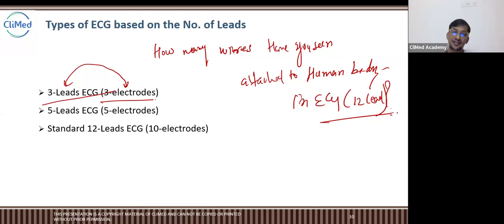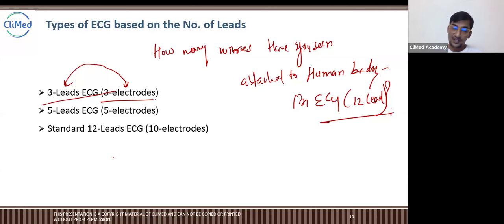How many wires have you seen attached to the human body in 12 lead ECG? Guys, tell me. 10, 10, 10. Everyone, 10. Exactly.